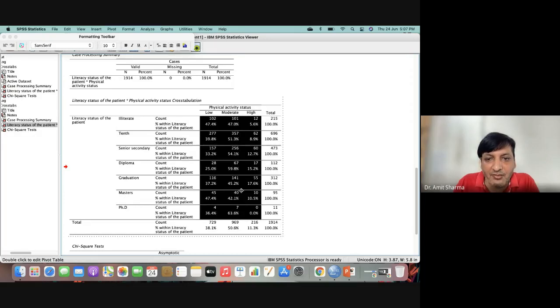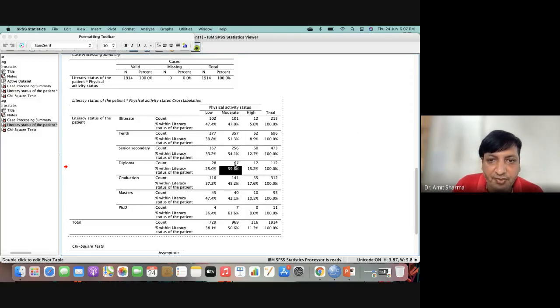So we'll mark black color, and here we'll see where the highest percentage is. The highest percentage we have in this group, clear, 59.8. So what we'll code, in our result, the persons who are doing moderate physical activity, their literacy status will be diploma. That is the answer for the test.